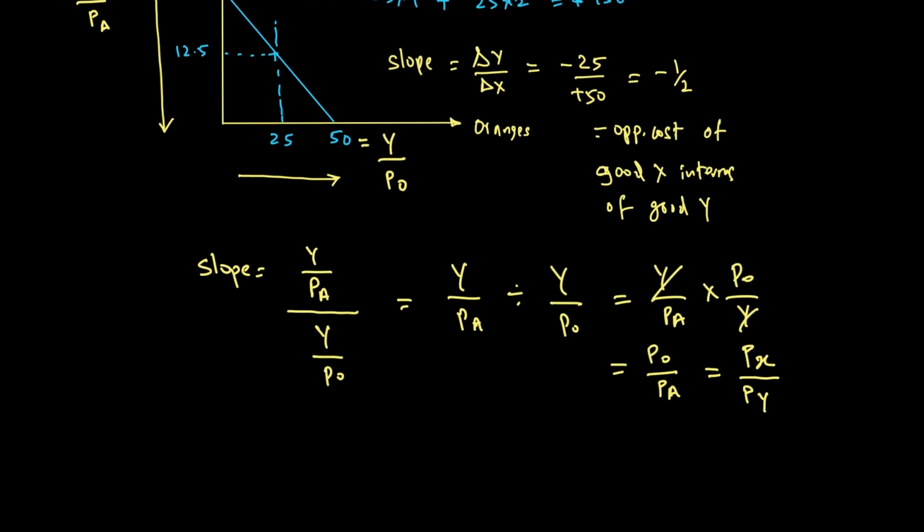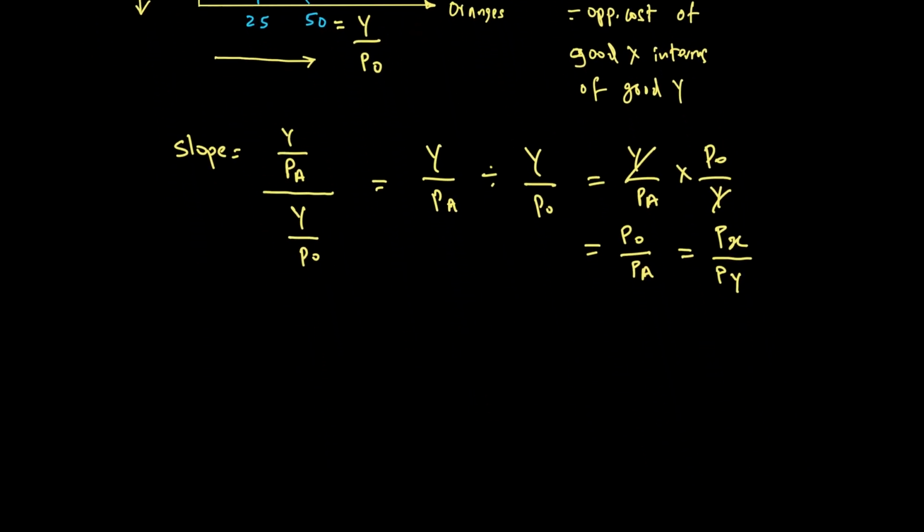Now, what we're trying to say is that the slope of the budget line is simply the ratio of prices of good X over good Y. And this is useful because when we are going to find our maximum possible satisfaction, this information will help us generate a point which will incorporate the ratio of prices. So the slope of the budget line, in general form, is Px over Py.